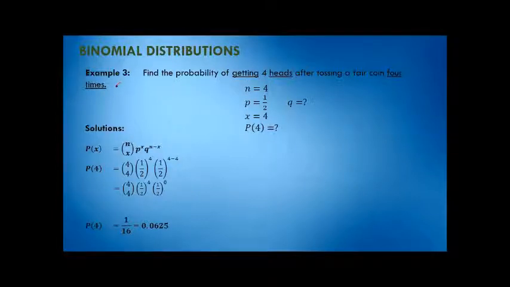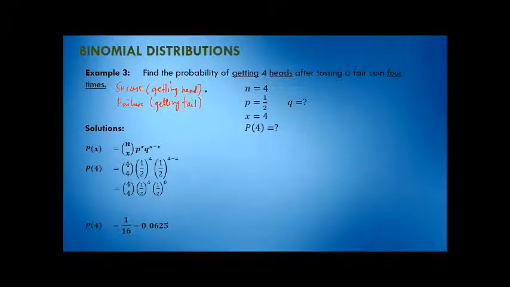So, we have the probability of success is getting head. Then, probability of failure is getting tail, right?